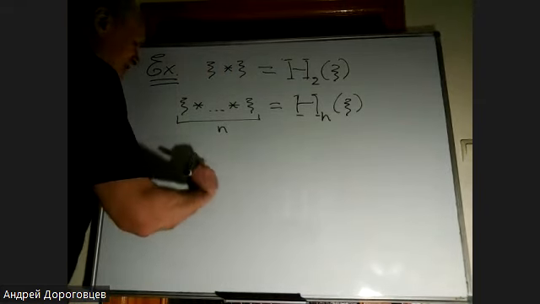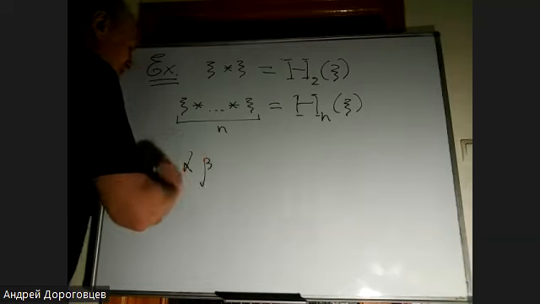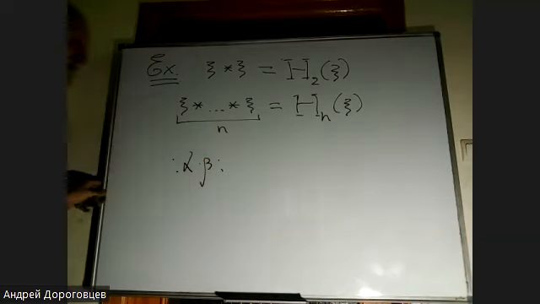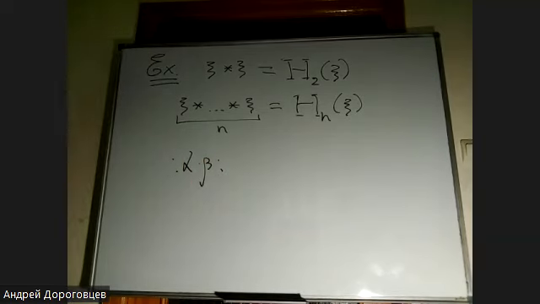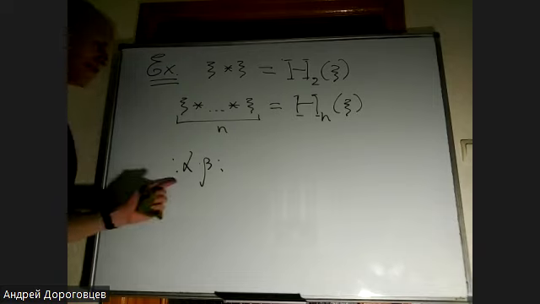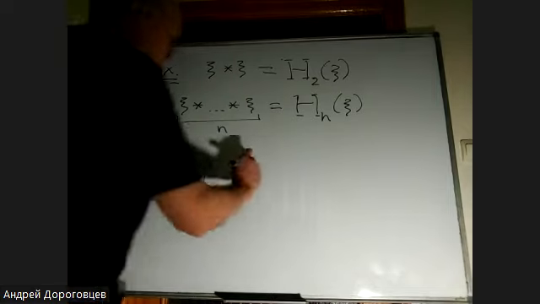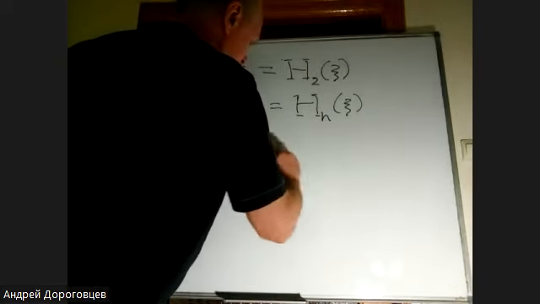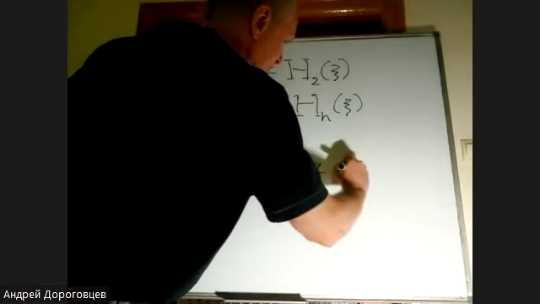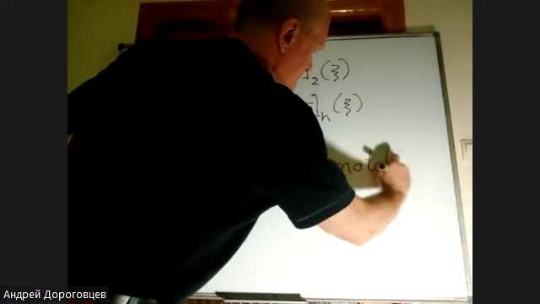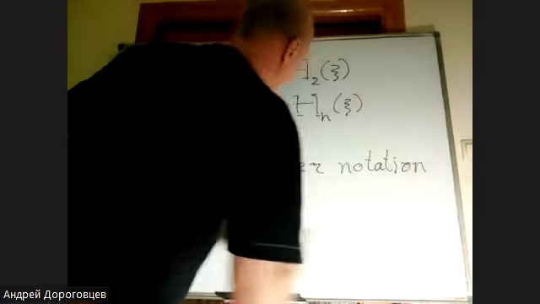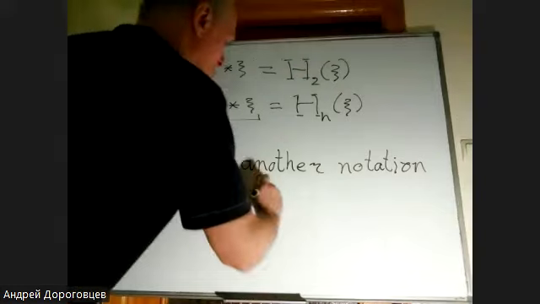You can find such notation: multiplication of α and β, with two dots as brackets. This is another notation of the Wick product.